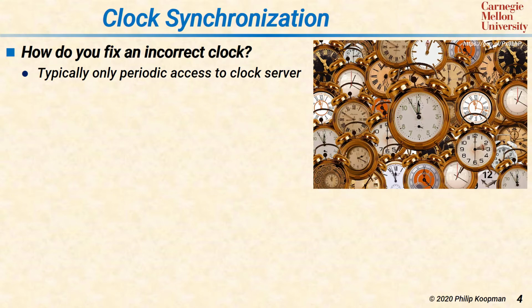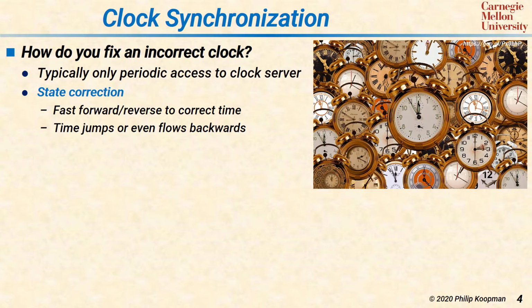The first way is state correction. State correction is fast forwarding or reversing to the correct time. So if you have a watch or a digital clock you want to change and you use the go forward, go backward buttons, that's state correction. You basically jump forward or backward. That's easy to implement, but the problem is that any underlying system operation has just had a potentially huge discontinuity in time.